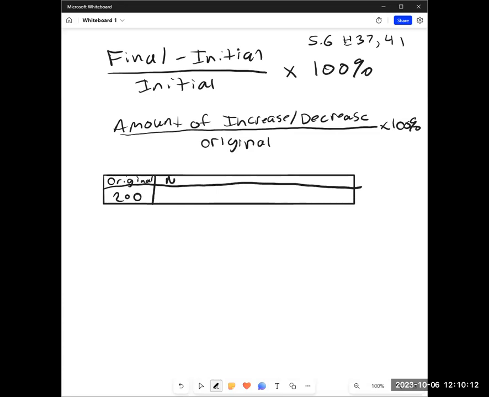Then the new amount is $280. We're going to find the amount of increase, and we're going to find the percent increase.